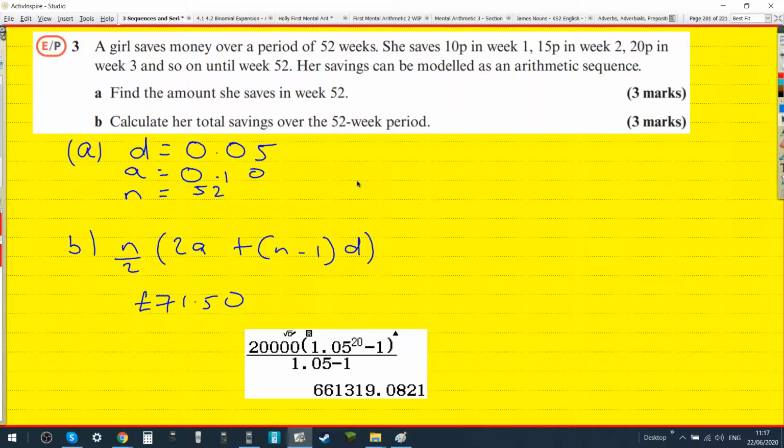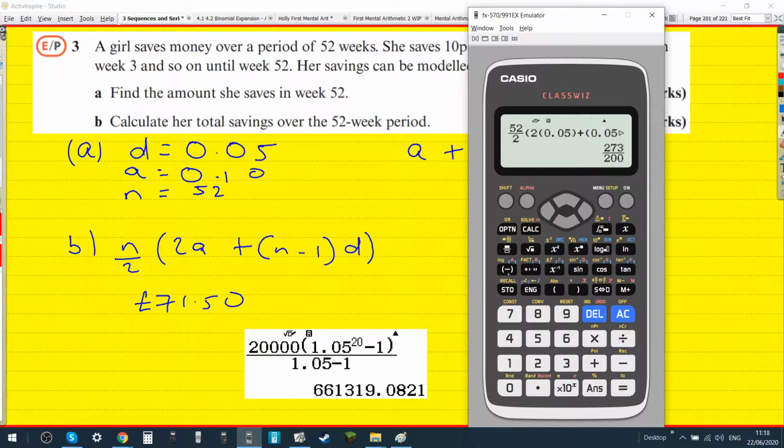Will it be the last one, like the L? I forgot what it was, but I think it's called L or something. That's just the same formula written a different way. I'm not sure then. A plus N minus 1 D. Okay. Oh yeah. If I remember correctly.